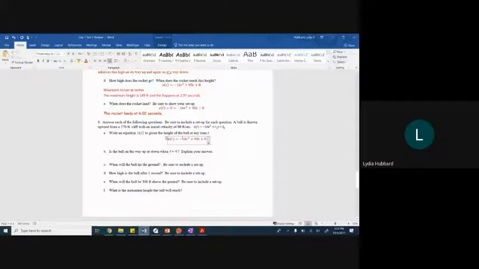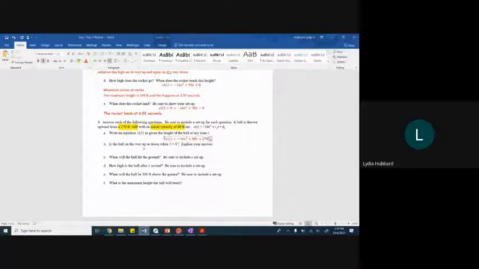But this time s of t is equal to negative 16t squared. It's saying this one has an initial velocity of 80 feet per second, so we're going to put 80 in for that v-naught, that initial velocity. And it says it's thrown upwards from a 270-foot cliff, so we're going to make this plus 270. And so that will be our equation.